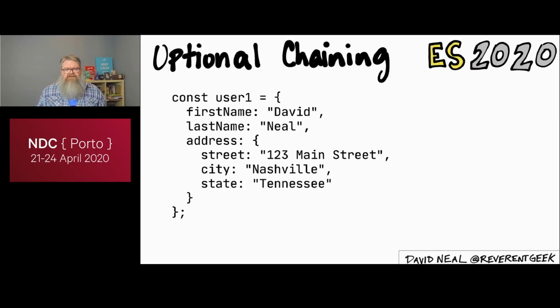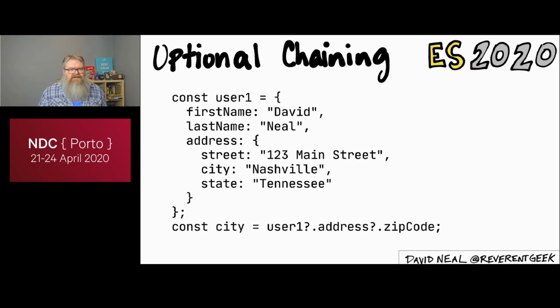In the past, to access a property deep in the object, such as the city, you would have to test every property along the way to make sure it wasn't null or undefined. So optional chaining can express in one statement how to get access to an optional property, so that we don't have to test every single parent along the way.